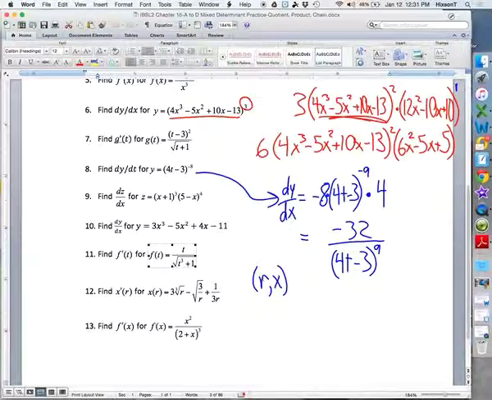Alright? So the first thing I would do though here is I would rewrite this. And I'd rewrite it using all fractional exponents. I would say, okay, well this would be 3 r to the 1/3 power, because it's a cube root.